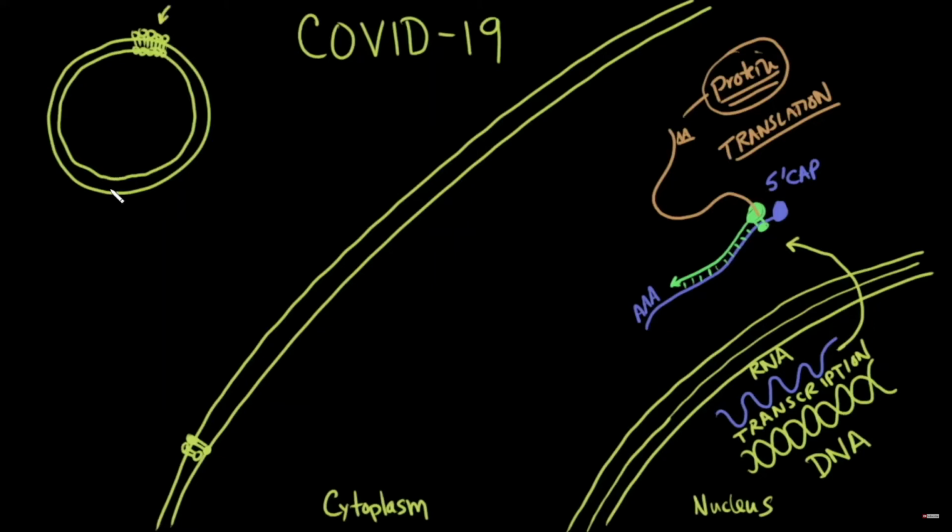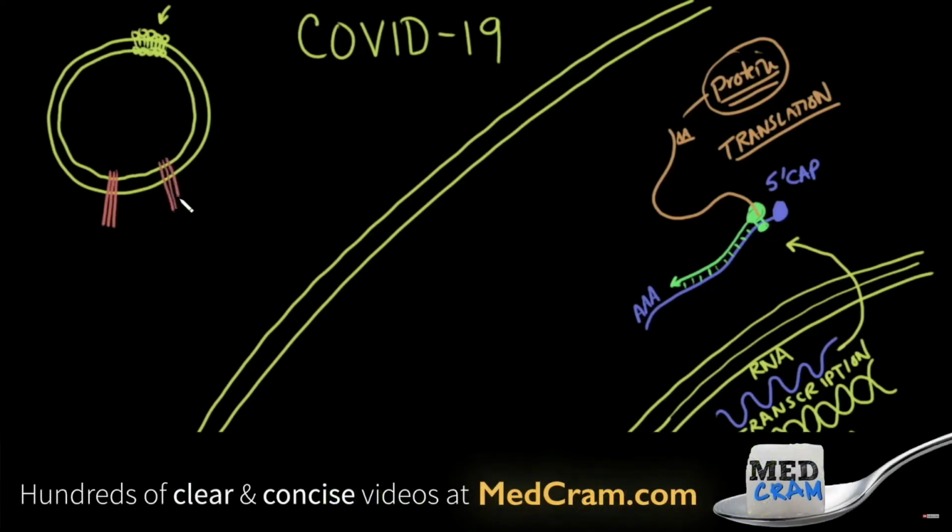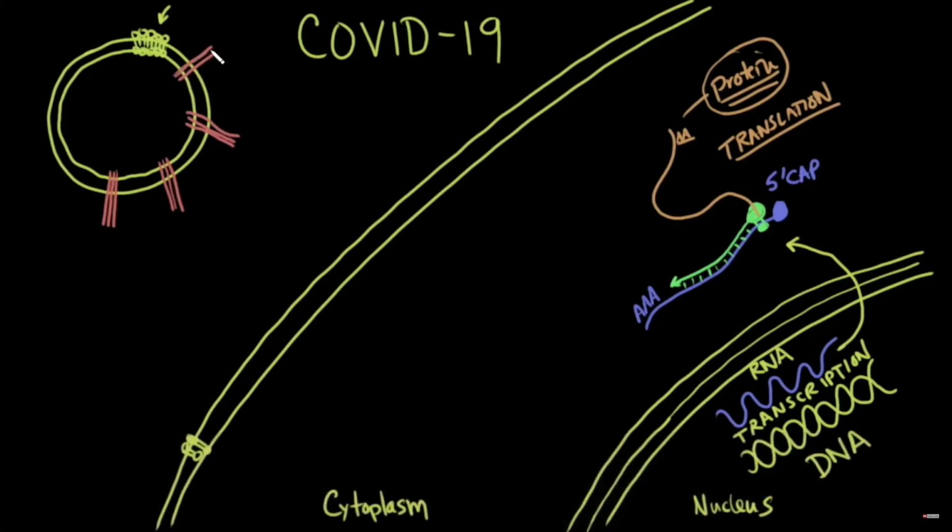This virus has proteins. Specifically, we'll talk about the coronavirus, since that's what we are concerned about. And there are proteins that are embedded in this lipid bilayer. And this protein that I'm drawing here right now is called the S protein, and it goes all the way through the lipid membrane. Now, there are other proteins in there.